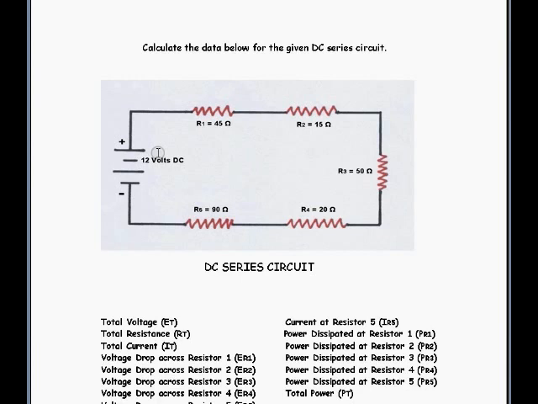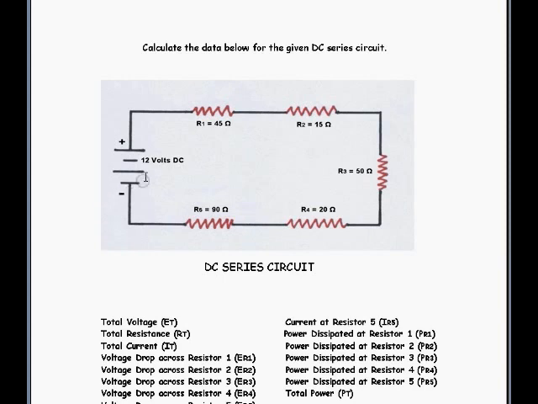Now here is a typical simple DC series electrical circuit. In regards to direct current, electrons will flow only from positive to negative. The negative represents the ground, and the direction the electrons will leave the DC power source is from positive to negative.